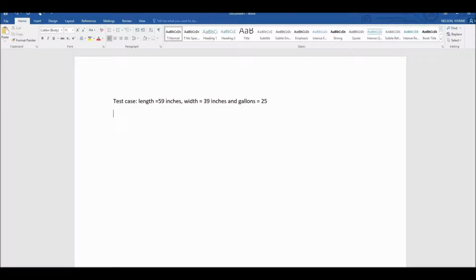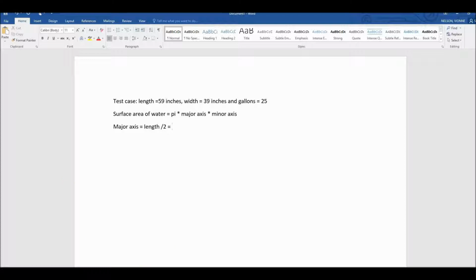Okay, so our equation for determining the number of inches, in order to do that, first we have to determine the surface area of the water, and that's going to be pi times the major axis of the ellipse times the minor axis of the ellipse. The major axis is equal to the length divided by 2.